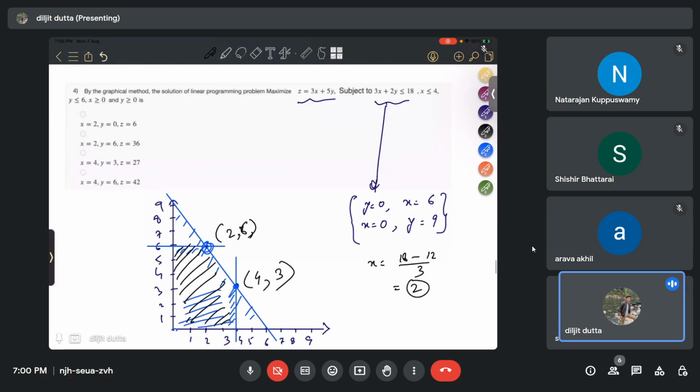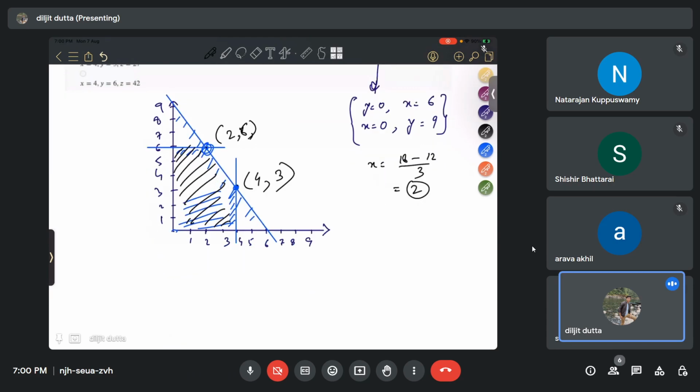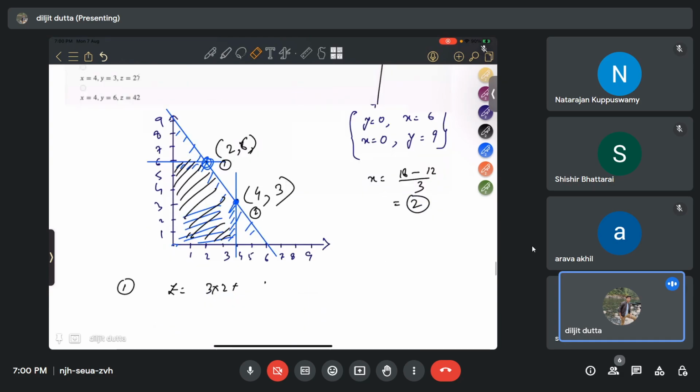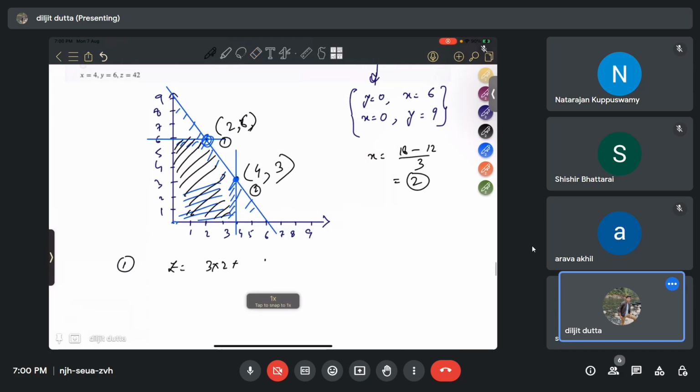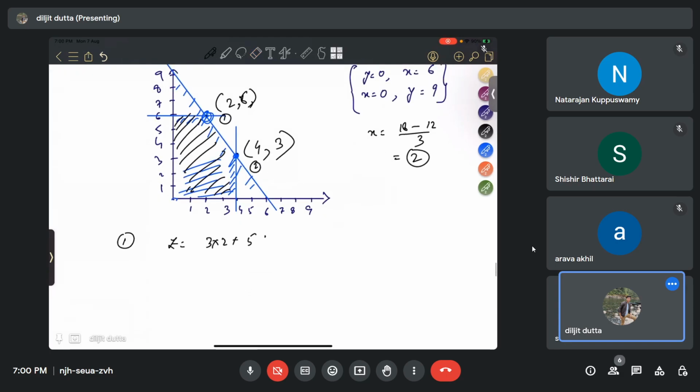So we have to maximize 3x plus 5y. For the first point, z is equal to 3 into 2 plus 5 into 6, that is 6 plus 30, which is 36.